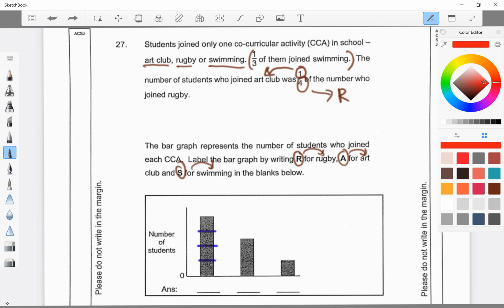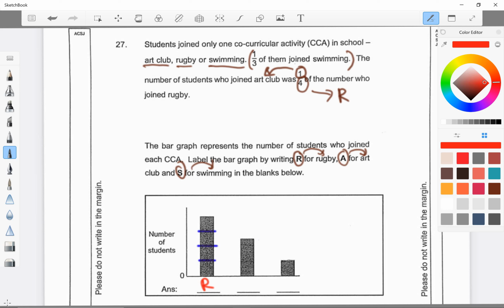And I can arrive at that conclusion using elimination. Because when I use my ruler and my pencil to draw lines, to cut the longest bar on the extreme left into 4 equal parts, I realized that the one on the extreme left has got to be R for rugby. It can't be anything else.